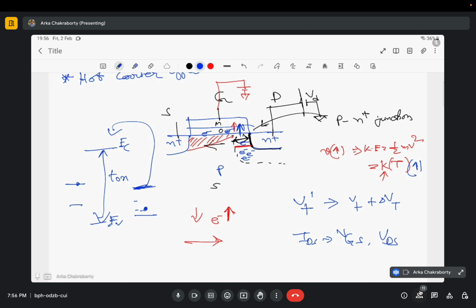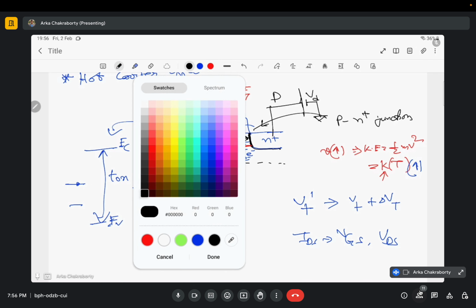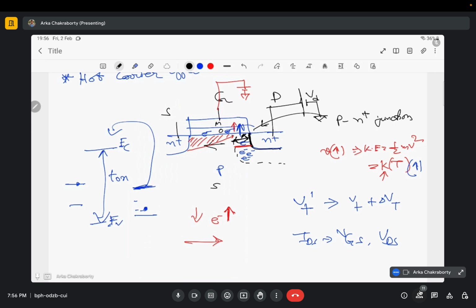Now how do we solve this hot carrier effect? The main culprit is this region, because here the electric field is very high and electrons get very high velocity.